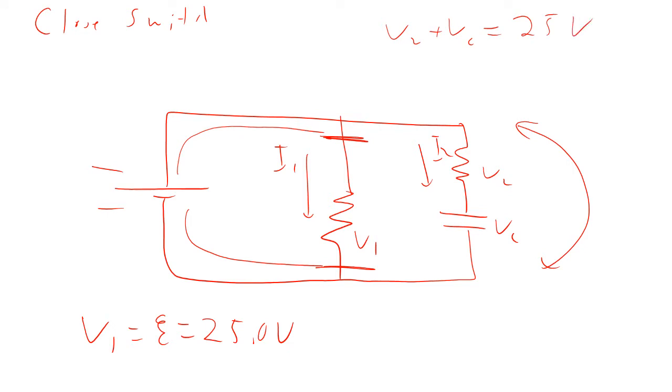When you first close the switch, how much charge is on the capacitor? None. If there's no charge on the capacitor, the voltage on the capacitor is 0. So that means V2 is 25 volts. So the voltage on resistor 1 is 25 volts, voltage on resistor 2 is 25 volts, voltage on the capacitor is 0.